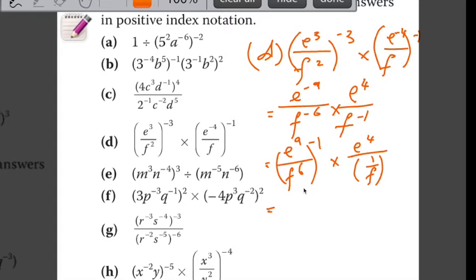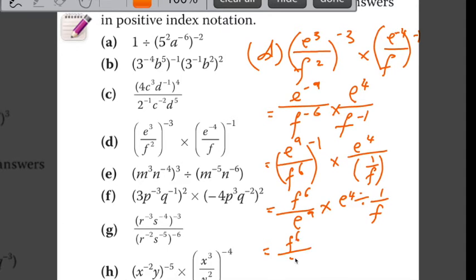So this negative 1 just means that you can just flip the fraction. Take reciprocal. And for this side, f to the power negative 1 is 1 over f. So I have e to the power of 4 divided by 1 over f. What does it mean?